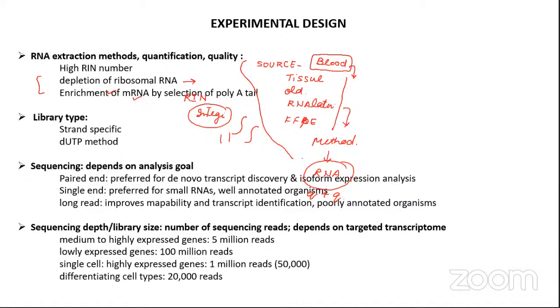When we isolate the total RNA, it will have our mRNA, our tRNA, and our ribosomal RNA, and we know that the maximum proportion is occupied by ribosomal RNA.